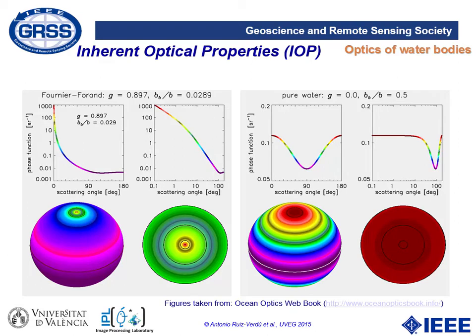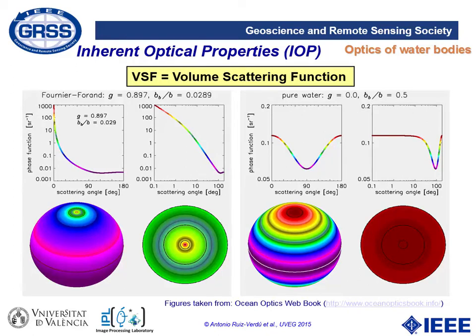That means that pure water is isotropic, while a typical phase function for an inland or coastal water body shows a very marked asymmetry in the scattered light, meaning that most light is scattered in the forward direction and a small amount is scattered in the backward direction, meaning that water bodies are typically highly anisotropic in nature. As I said, this is called the volume scattering function.